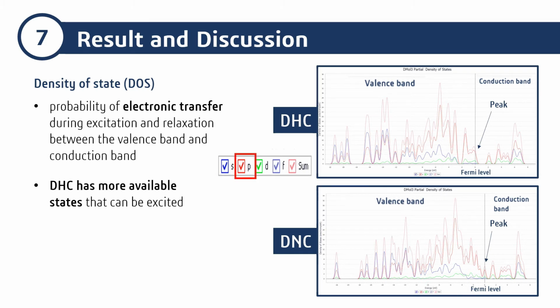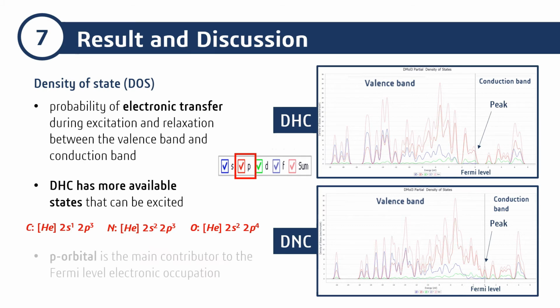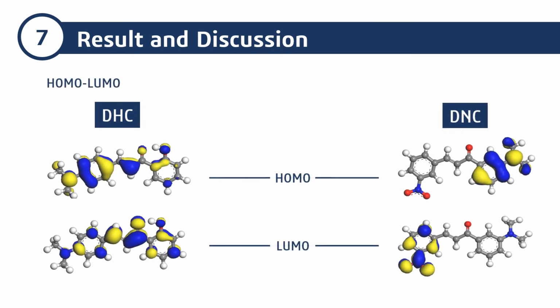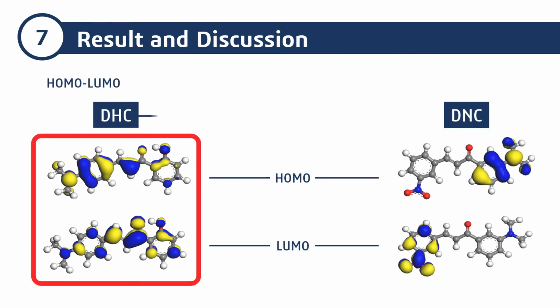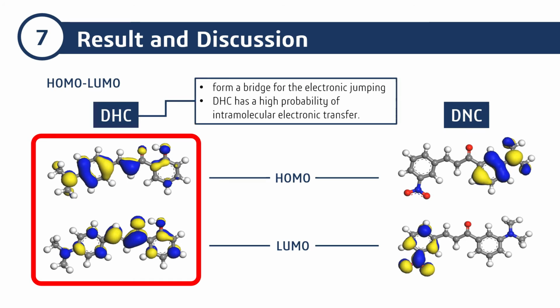From the partial density of states analysis and electronic configuration of atoms of DHC and DNC, it is clearly shown that the p orbital is the main contributor to the Fermi level electronic occupation for both DHC and DNC molecules. From HOMO-LUMO analysis, we can see that HOMO and LUMO of DHC are delocalized over the entire molecule of DHC.